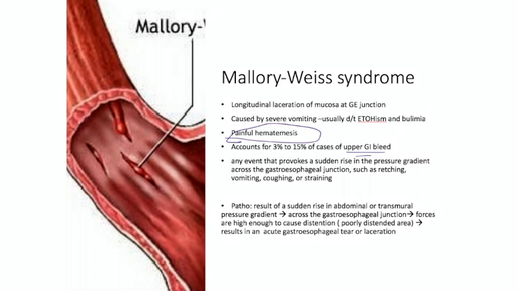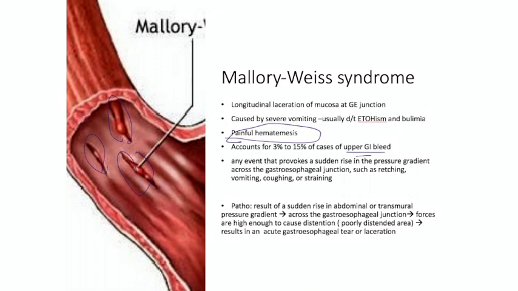So the way that this happens is there is a sudden rise in abdominal or transmural pressure gradient, and that would be from the severe vomiting, from the retching, from coughing or straining, and that then across the gastroesophageal junction forces are high enough to cause distension in this area, which is normally a very poorly distended area, meaning it does not accommodate that situation very well. And then that results in these tears in the gastroesophageal junction area.